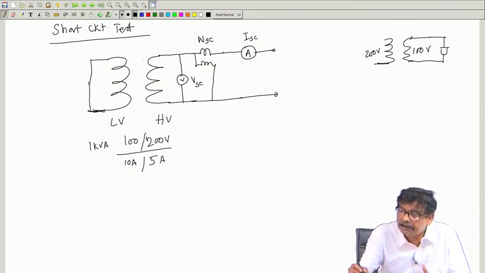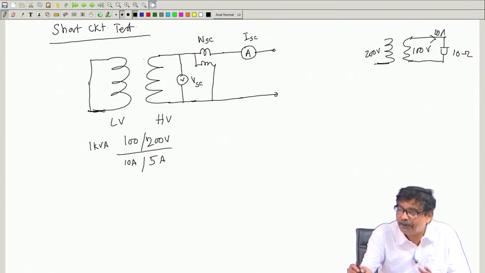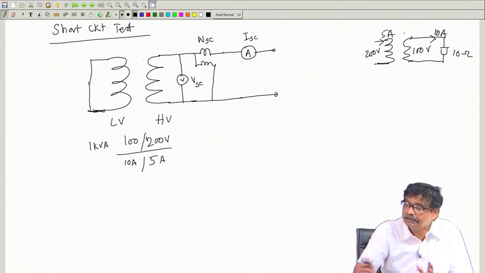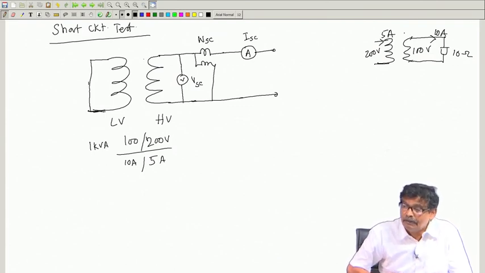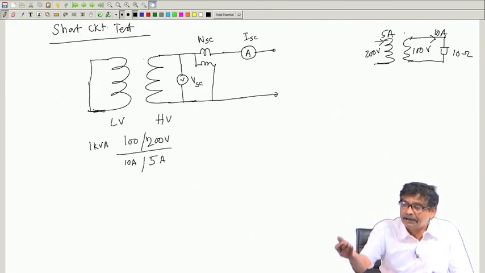If you connect less, the transformer will be overloaded. If you connect 10 ohm, then this current will be 10 ampere, that is fine, and this current will be approximately 5 ampere. That is this scenario. So, if you connect less than 10 ohm, the rated current will cross its limit.